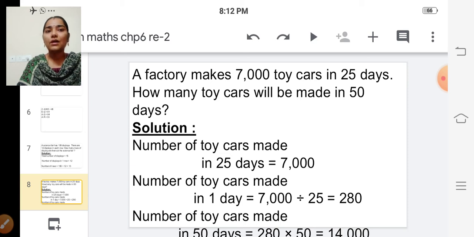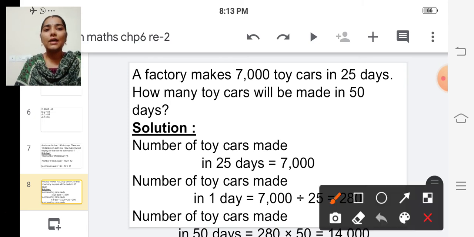So we are going to find out in 50 days how many toy cars they will make. For that, first we have to find out in one day how many toy cars they made. And then the next step we will find out in 50 days how many toy cars they will make. So see the solution.